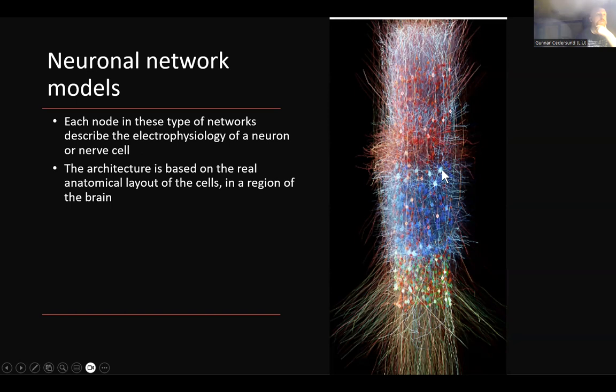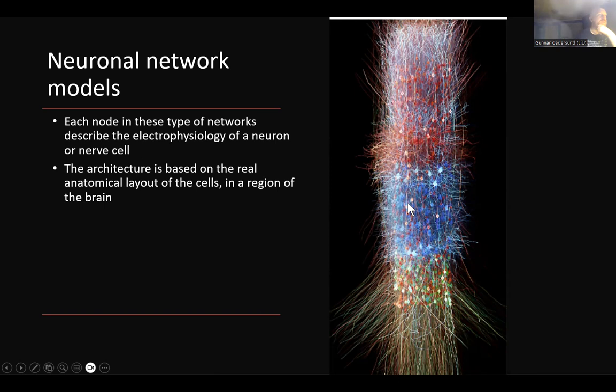And here, I just want to add the fact that the sort of architecture that you see here in terms of different layers, those correspond to the actual anatomy of different areas of the brain. So this is, for instance, the different layers of the cortex, which is fairly well characterized.